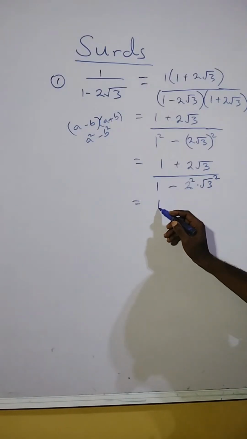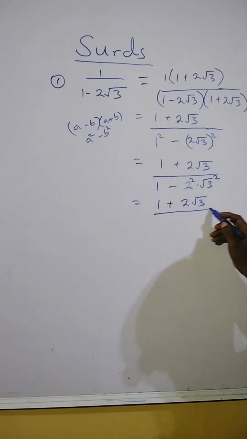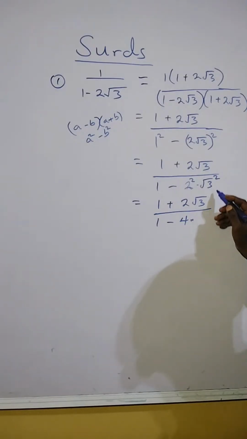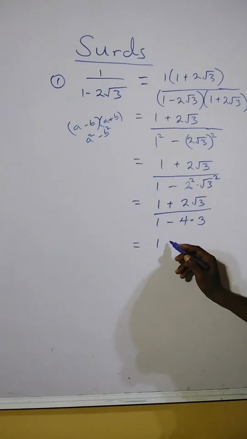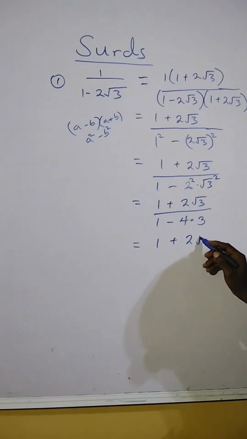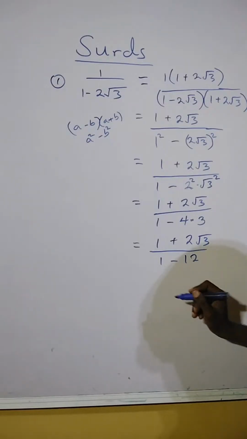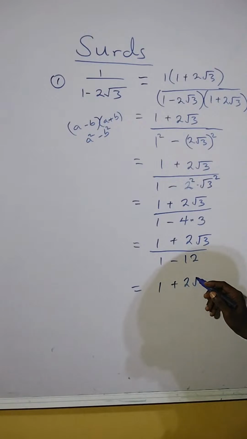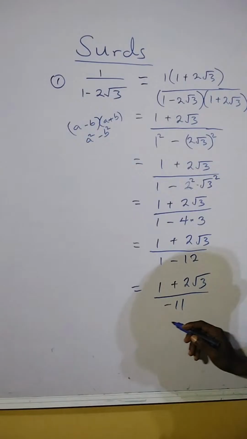That is, here we have 1 plus 2 root 3 over 1 minus 2 square, that's 4, times root 3 square, that's 3. And this becomes 1 plus 2 root 3 over 1 minus 4 times 3, 12. That is, here we have 1 plus 2 root 3 over 1 minus 12, minus 11.